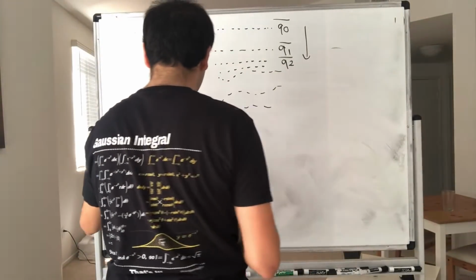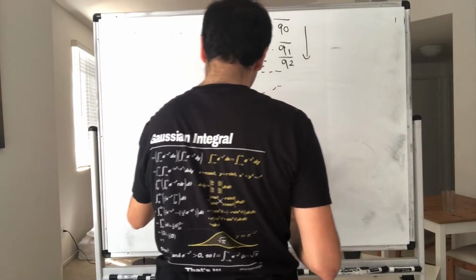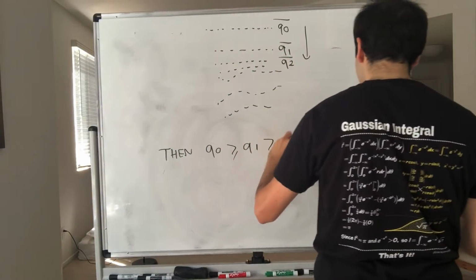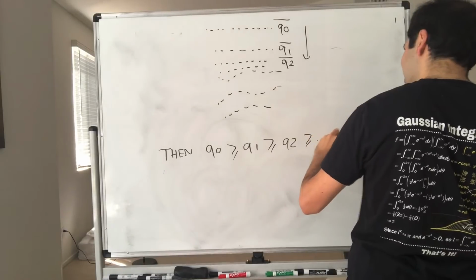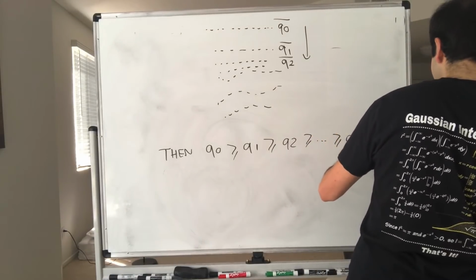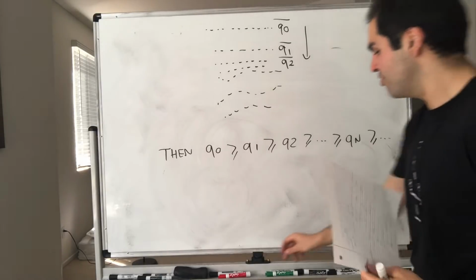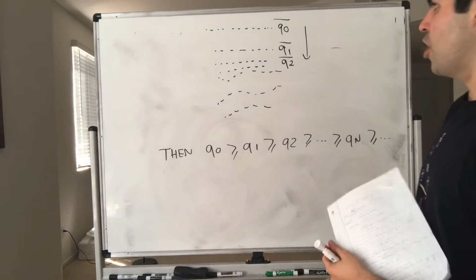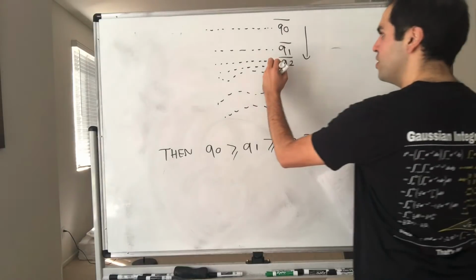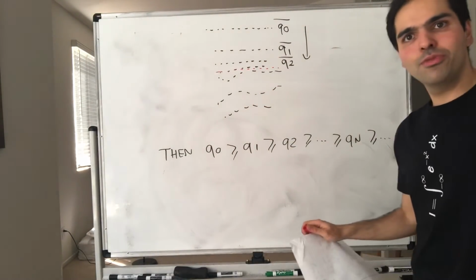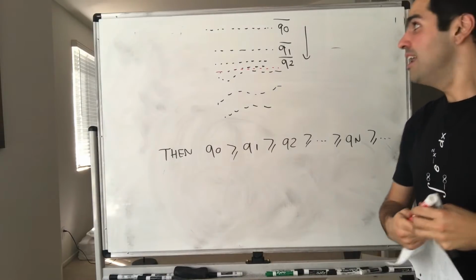So then Q0 is less than or equal to Q1, is less than or equal to Q2, is less than or equal to Qn, etc., etc. And I'm actually claiming, and it seems kind of clear from this picture, that the least upper bound is, strictly speaking, the limit of the Qn's, but we can't really talk about limits here.